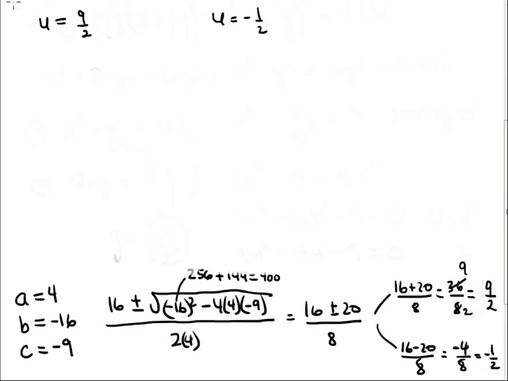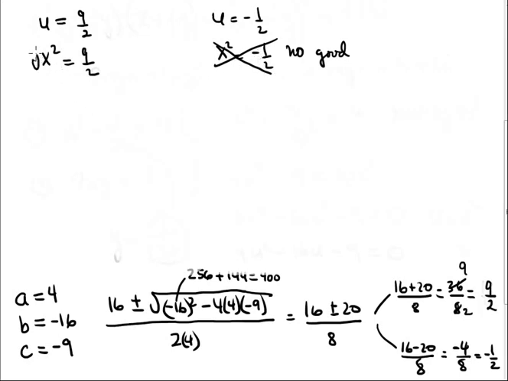But u is x squared. So x squared equals 9 over 2 or x squared equals minus 1/2. And this answer is no good. Why not? Because it's an imaginary number. I suppose that x is a real number. And remember, x and y are real numbers because they are part of the complex number. So this solution is not okay.